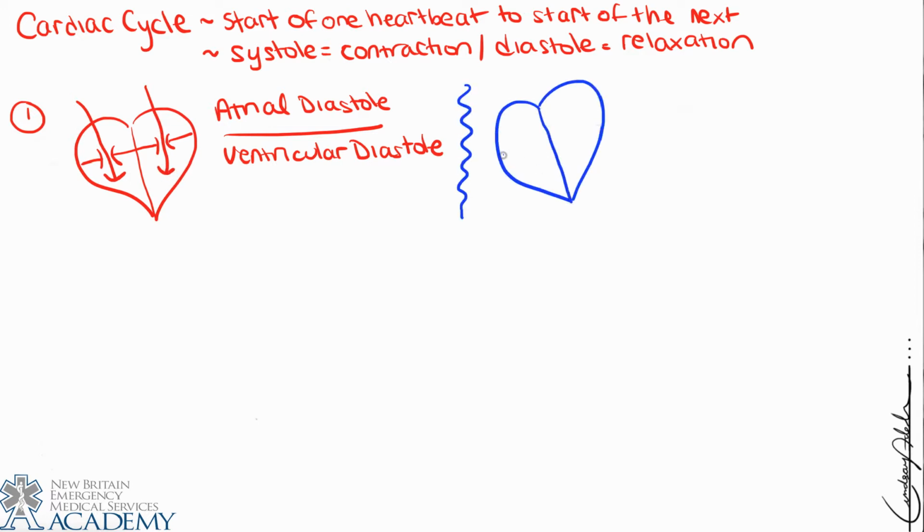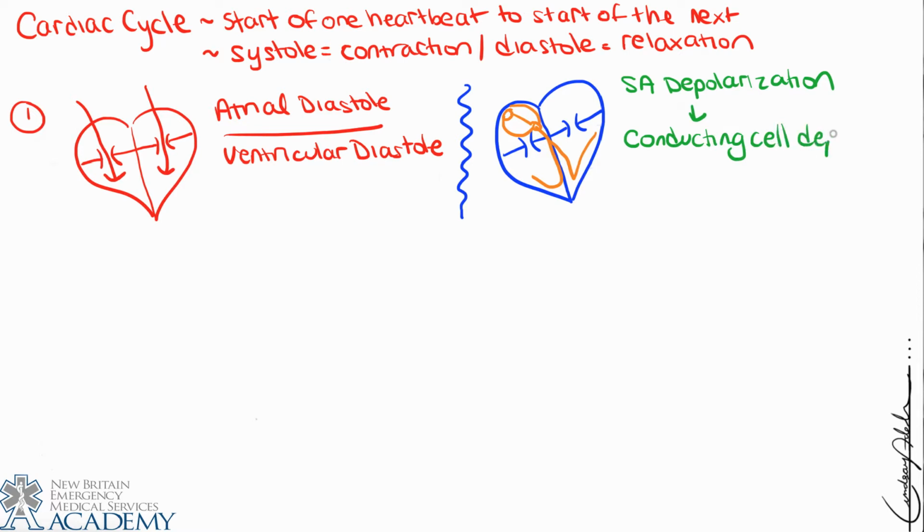Now, in order to consider this more thoroughly, let's just relate it quickly to what's happening in terms of the electrical piece to prepare for the mechanical piece. So first we have SA depolarization. The pacemaker cells depolarize, and then the positive charge travels through the gap junctions to conducting cells, and then through the conducting cells into contracting cells.